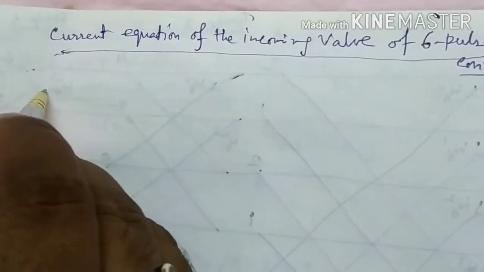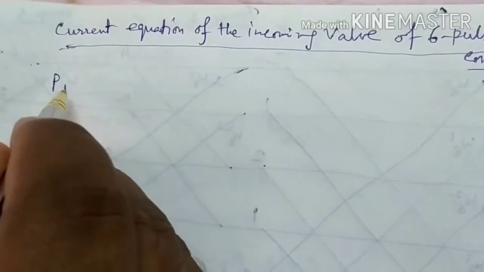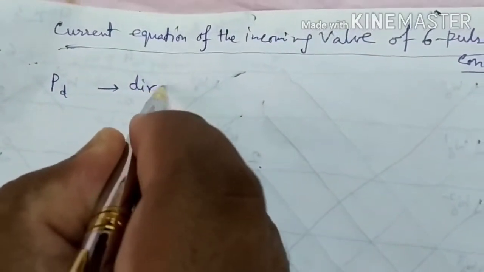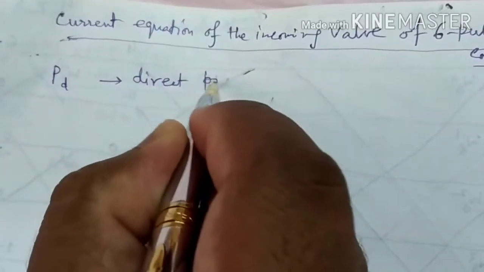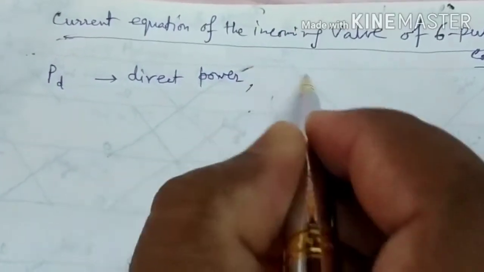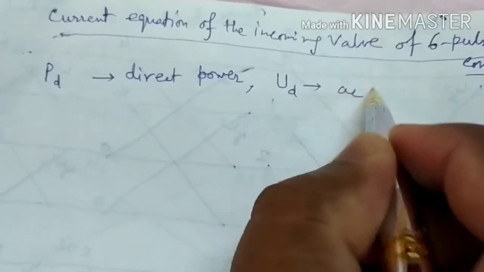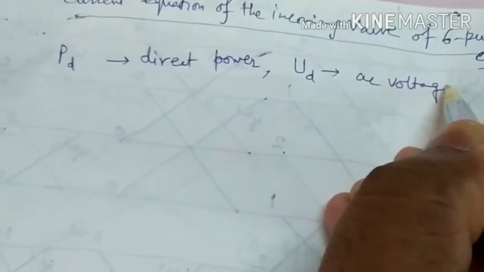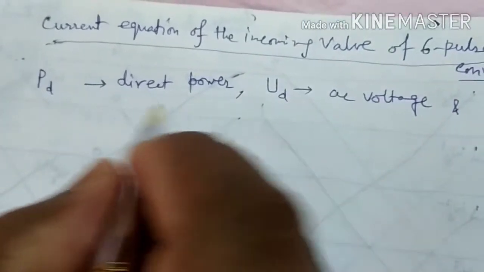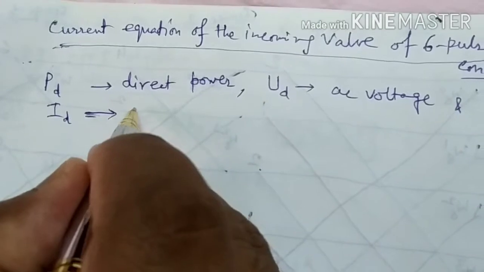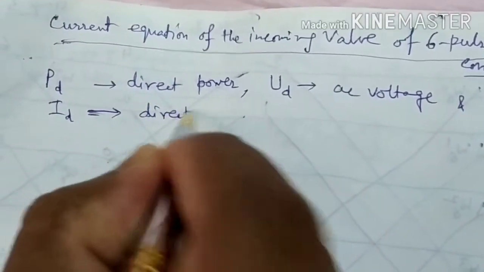First, PD is considered as direct power, UD as AC voltage, and ID as direct current.